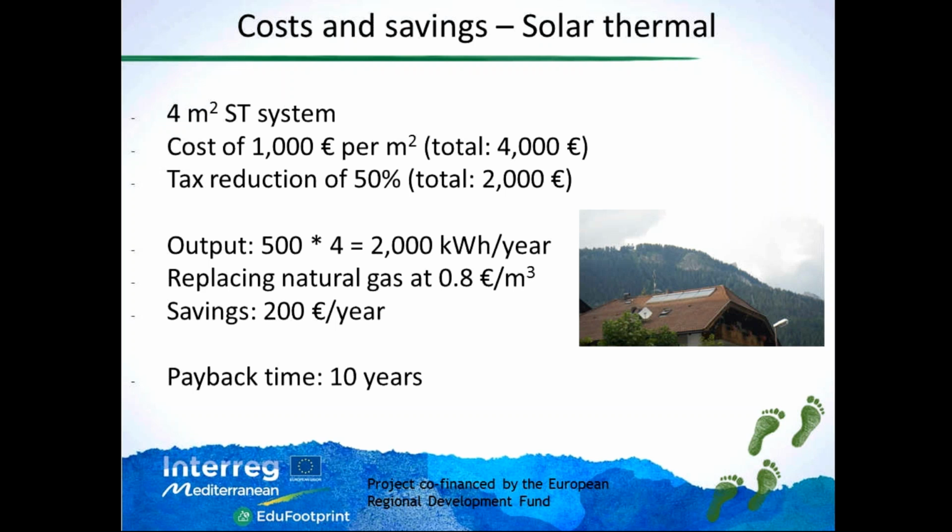Let's try to do a calculation similar to what I did for the photovoltaic system, also for the solar thermal system. So we have, for instance, a 4 square meter solar thermal system. The cost can be estimated as 1,000 euros per each square meter you have to install.